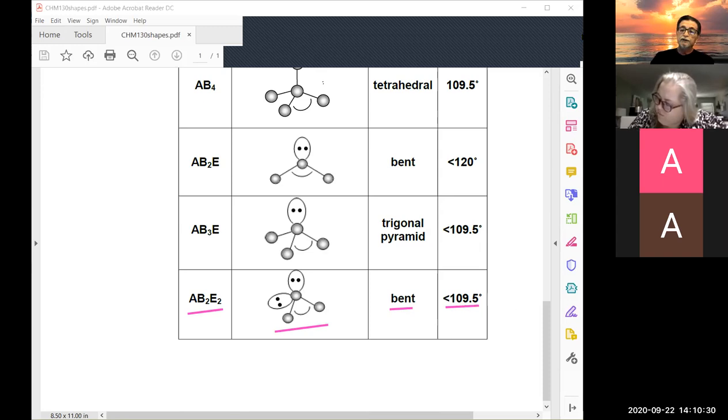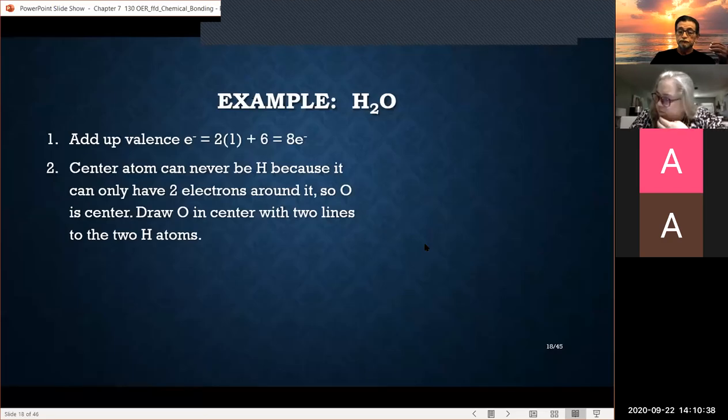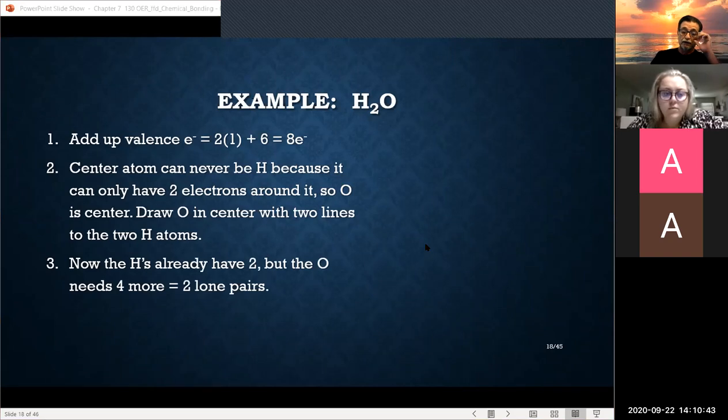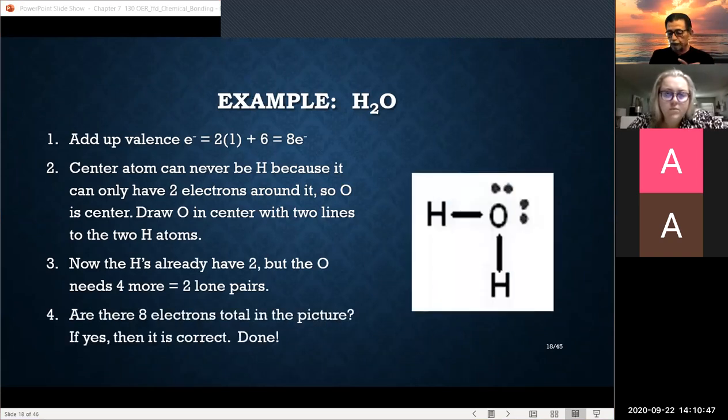So let us go back. Okay. And so this rehash of what we just went through is right there. You have the two lone pairs sitting there on the central atom, okay? And keep in mind that the line represents a pair, which is being shared.